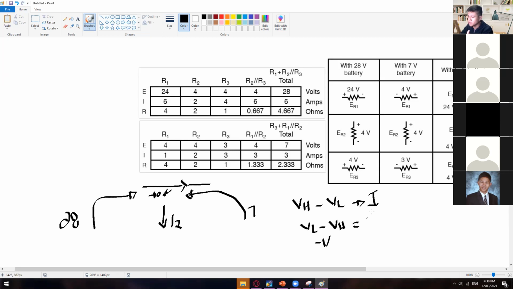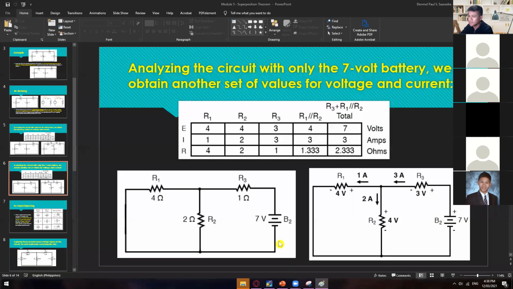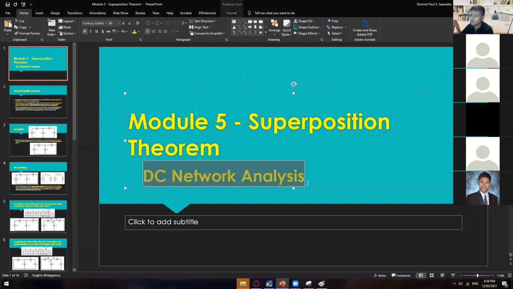And as you may all know, a current is always positive or zero only. Well, aside from if it's an AC, then of course you will get negative values. But since we are only talking about DC, direct current only, that is why we have here DC network analysis. So it's either zero or positive only.